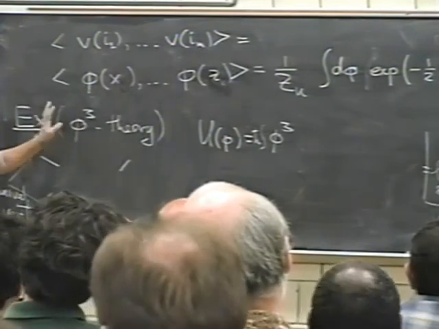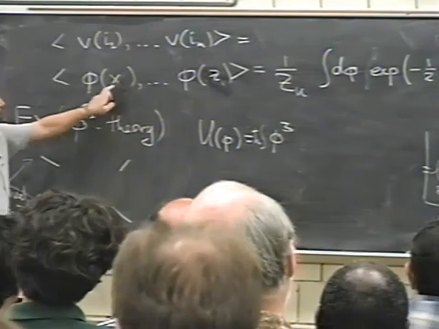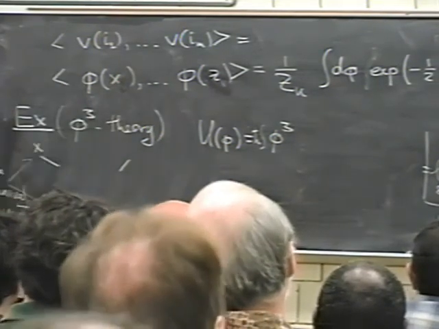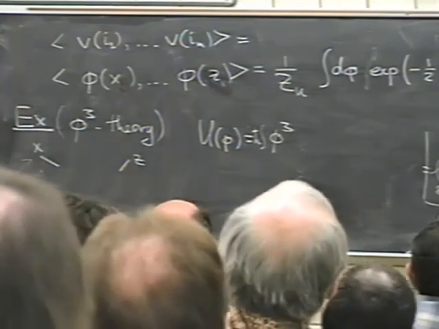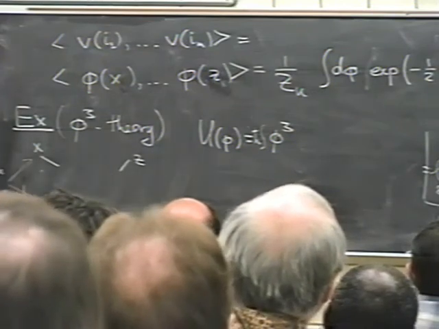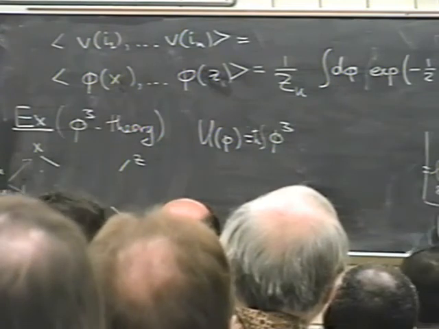And I fixed these indices. There was no summation over them. So now these indices are x, etc., up to z, which stand on these univalent vertices, and these are fixed. There's no integration over them.